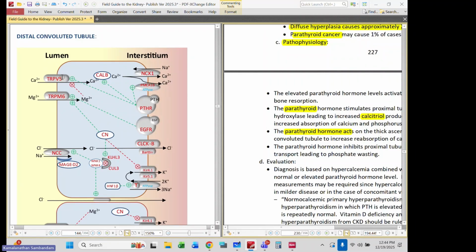So even though the net effect in the DCT is to increase calcium absorption, most primary hyperpara patients do not have hypocalciuria, right? If you stop here, you'll say, okay, well, if PTH increases reclamation of calcium, then patients should not be getting kidney stones.